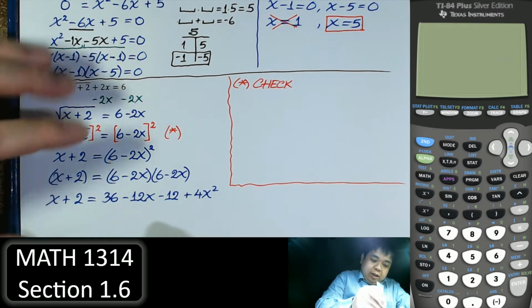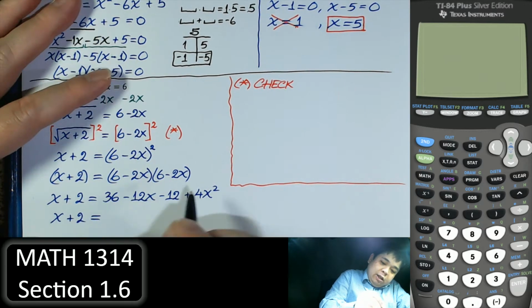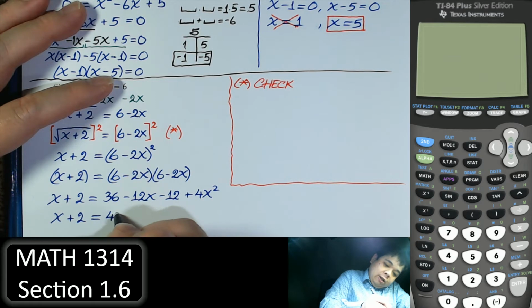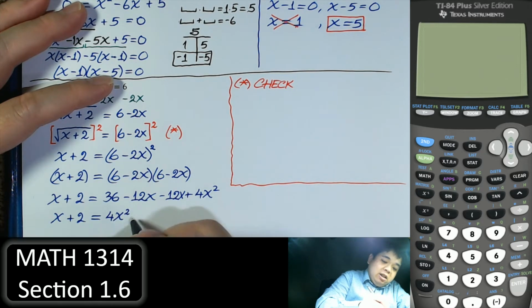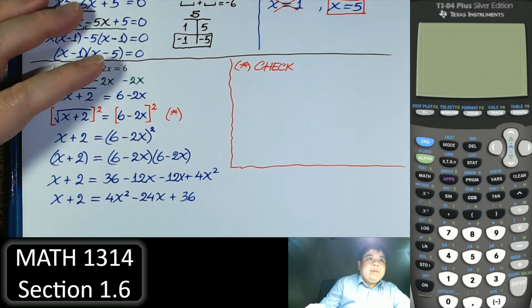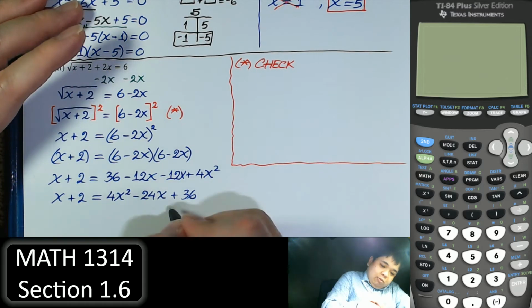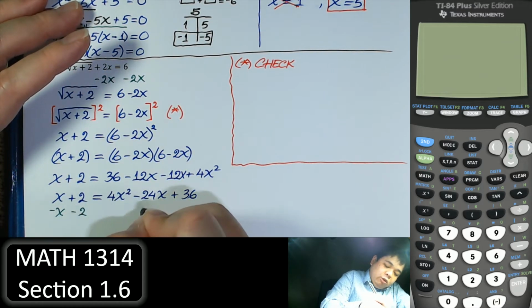Right, combine like terms. 4x squared, forgot an x here, sorry, minus 24x plus 36. Move everything on one side and move to the right side.